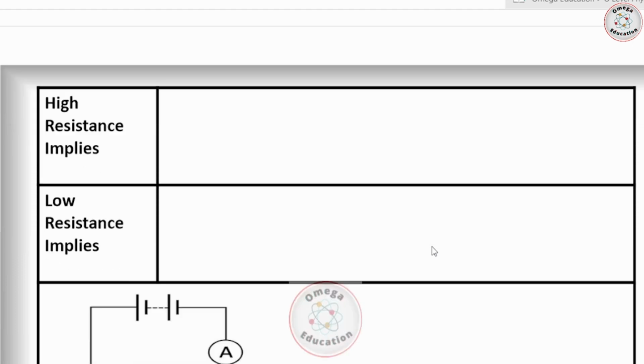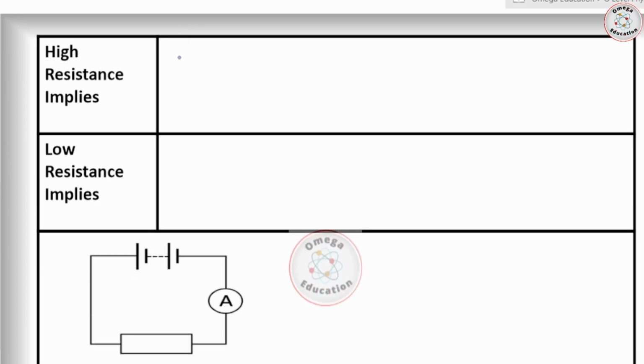Now, like I said, resistance means the opposition to the flow of current. So if there is high resistance in a circuit, that would imply that there's more opposition to the flow of charges. Hence, it would be less current.